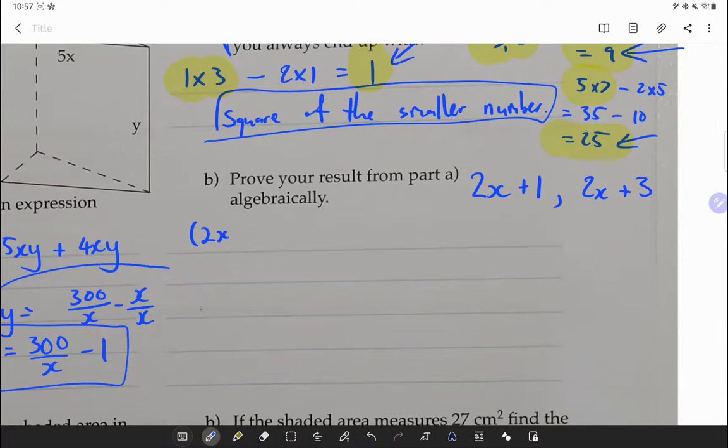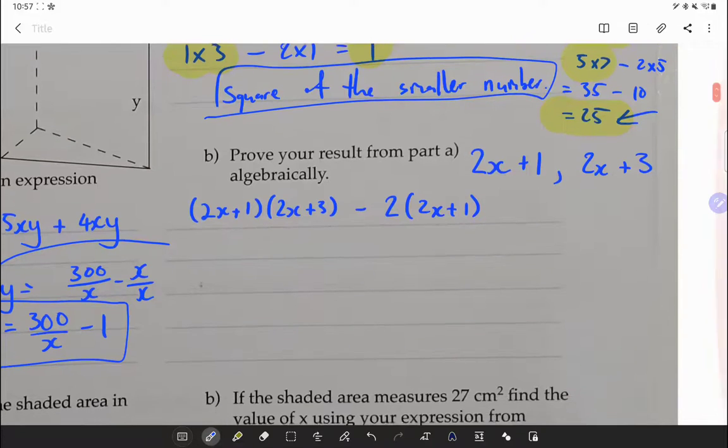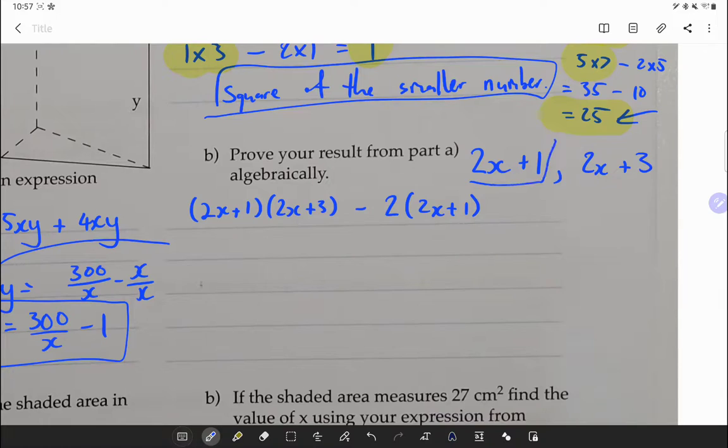In our first one, we're multiplying the two odd numbers together, this number and this number, and then we're minusing twice the smaller odd number. Now let's see if it does come to be. We're hoping to get the square of this number, which is 2x plus 1 squared. It might not be factorized; it might actually be expanded, but we'll be ready for that when it comes.